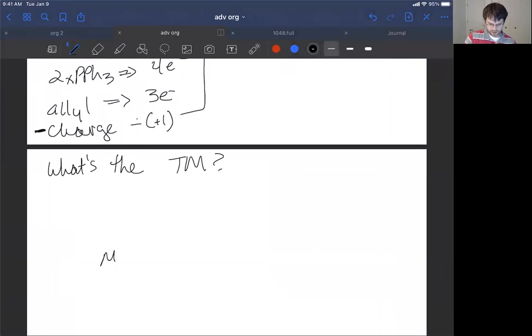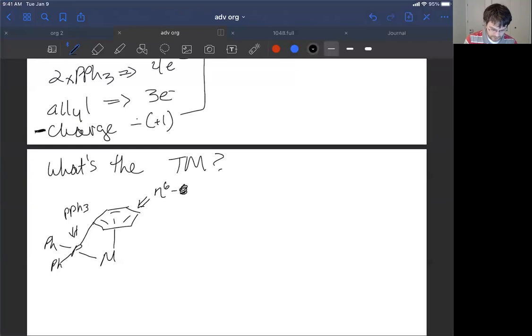And I'm going to draw this with geometry as best that I can. I have a benzene that's a little flat. Line going from the middle of the benzene down to my transition metal. And let's go ahead and put a little awkward diphenylphosphine. So it's like a triphenylphosphine. It really is a PPh3. But we have an eta-6 benzene, or phenyl, eta-6 phenyl.